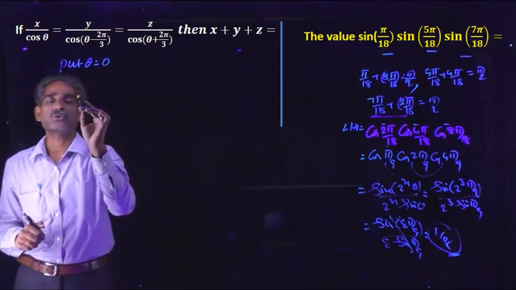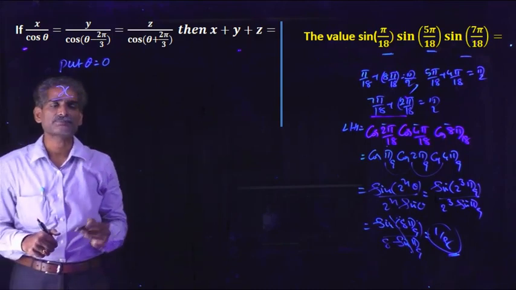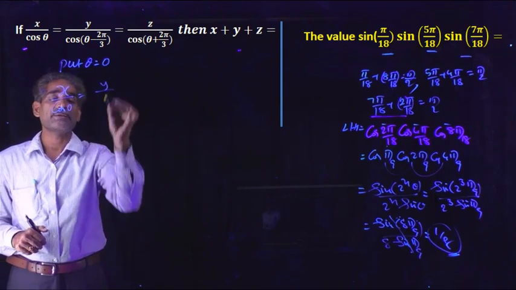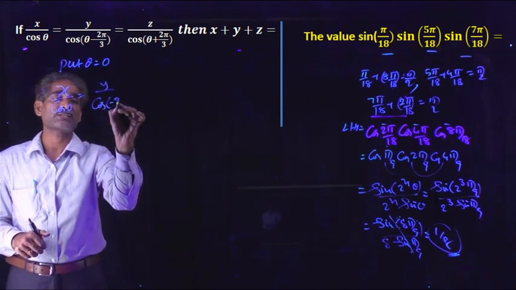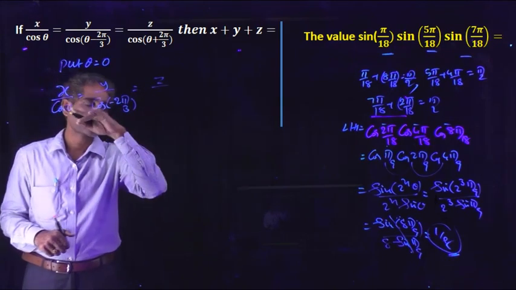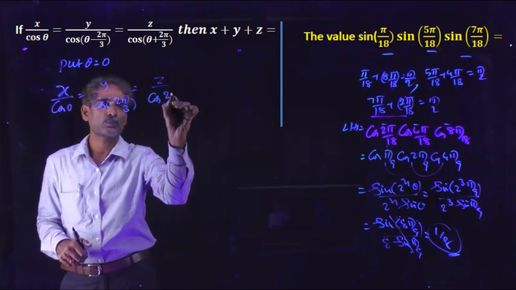Put theta equal to 0 in the total expression. Then we will get x by cos 0 equal to y by cos of 0 minus 2 pi by 3, that means cos of minus 2 pi by 3, equal to z by cos of 0 plus 2 pi by 3, cos of 2 pi by 3.